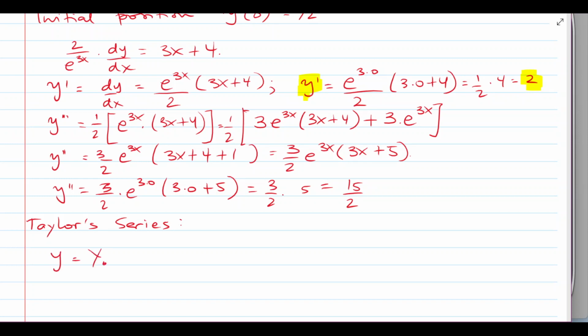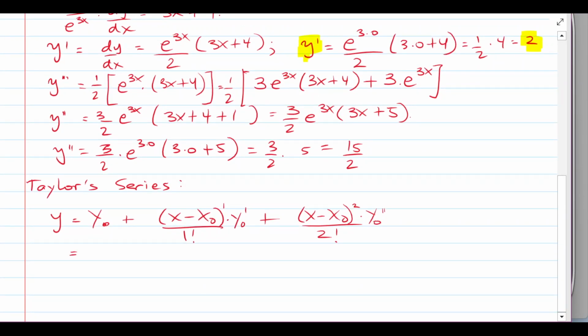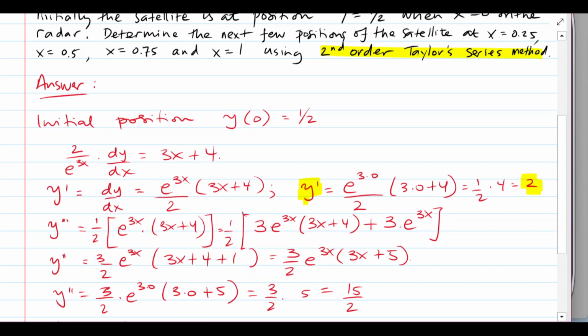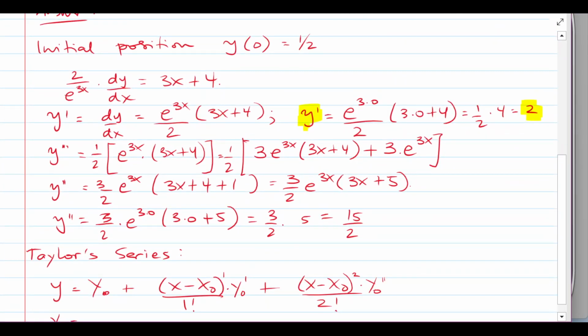So y naught plus (x minus x naught) over 1 factorial times y naught prime, plus (x minus x naught) squared divided by 2 factorial times y naught double prime, and that's it. And the value of y naught, as you can see in the question, equals half, given here.